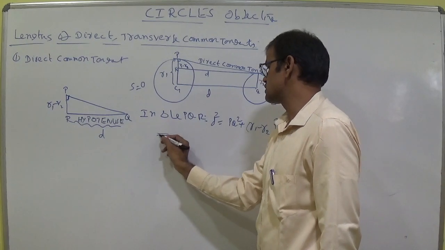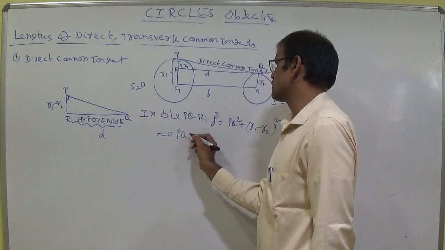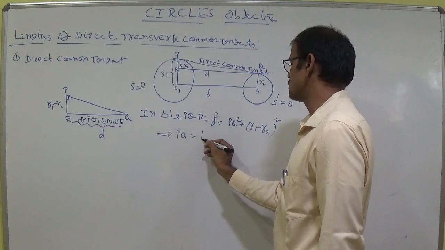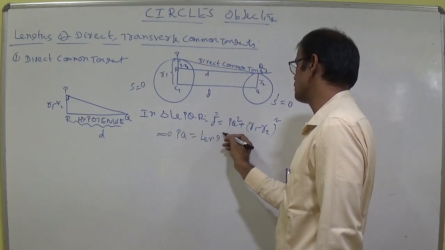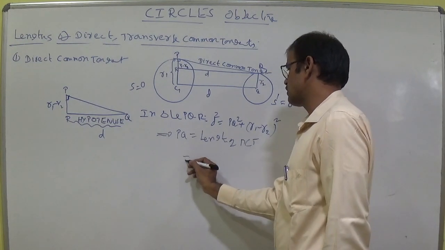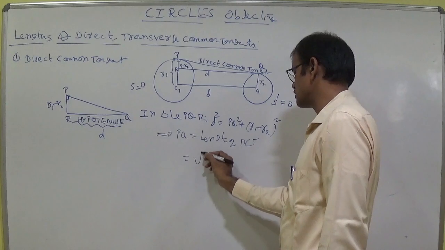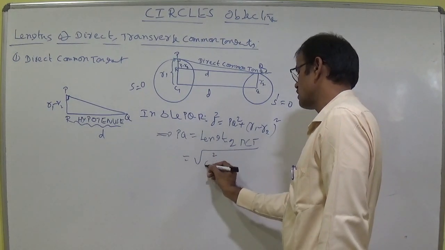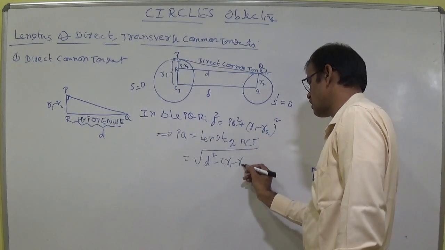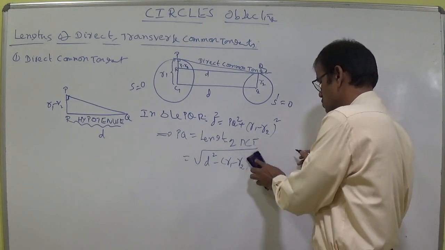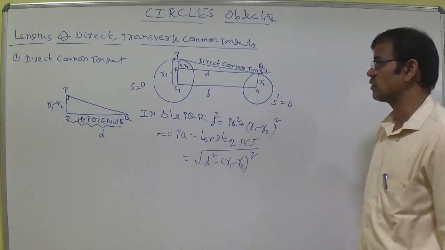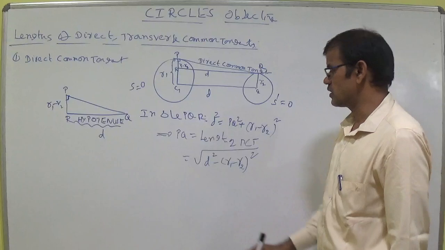That implies PQ is nothing but the length of the direct common tangent. PQ is equal to the length of DCT. Taking R1 minus R2 to the left side, the length of DCT is equal to the square root of D square minus R1 minus R2 whole square.